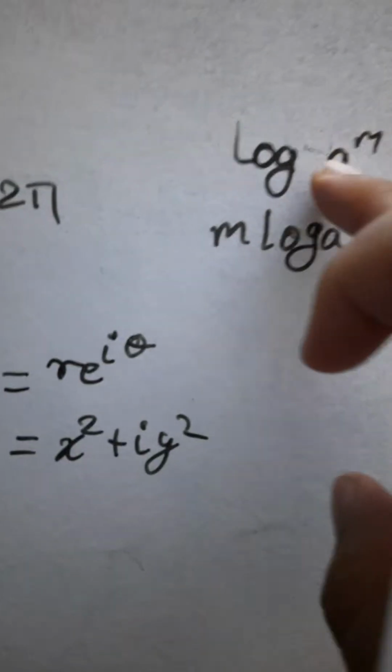Because log is actually the reverse of e, like it does the reverse of power. We write log to the base something, so the base becomes the power of that, but here it is reverse, this is the base and now this is the power.